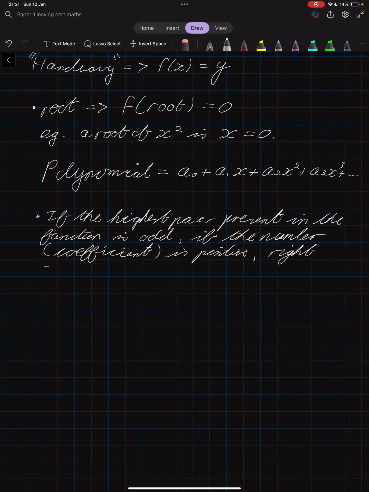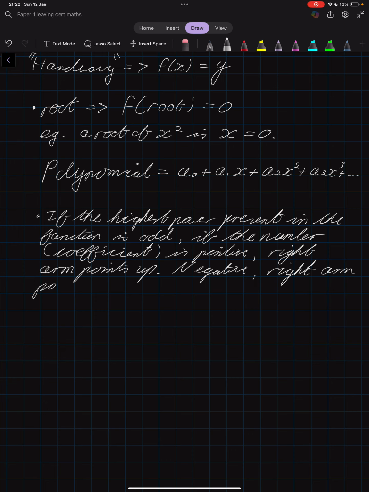And then if it is negative, the right arm points down.